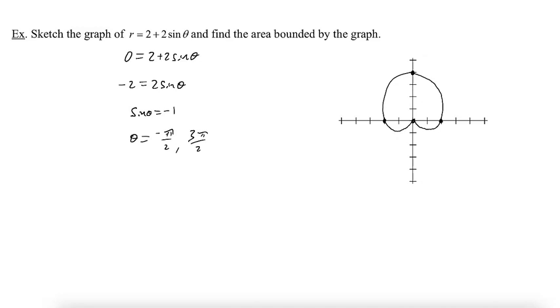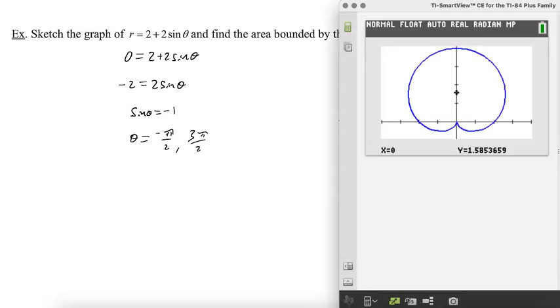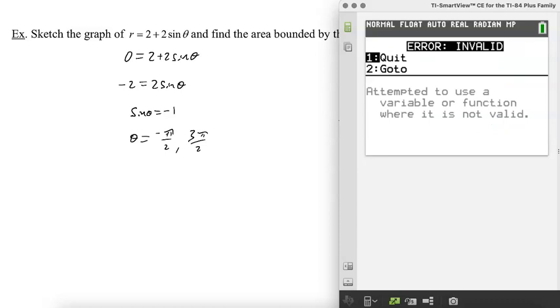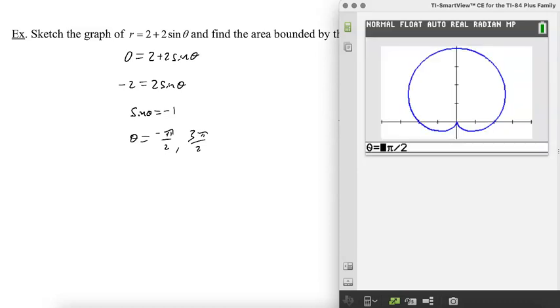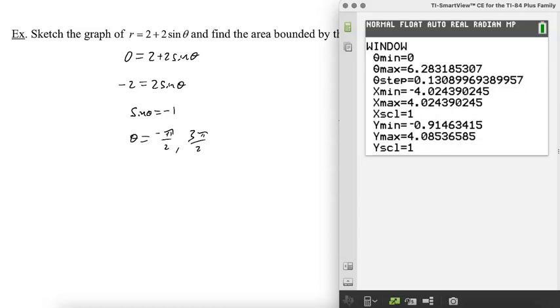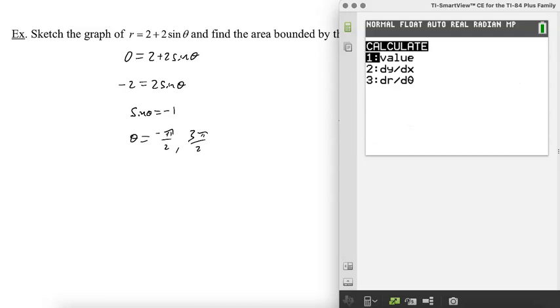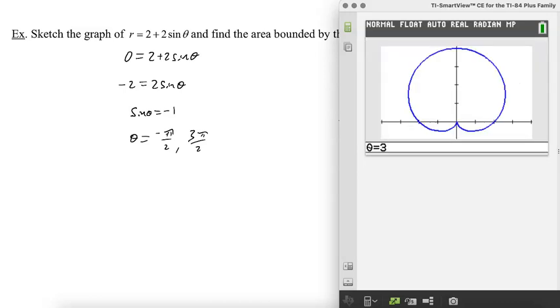All right, and you can verify this in your graph. If you do calc and you do value, I'm going to type in negative pi over 2. Oh, apparently it doesn't like it. Oh, because it's not in my window. Well, let's calculate 3 pi over 2 because that's going to be in the same position.